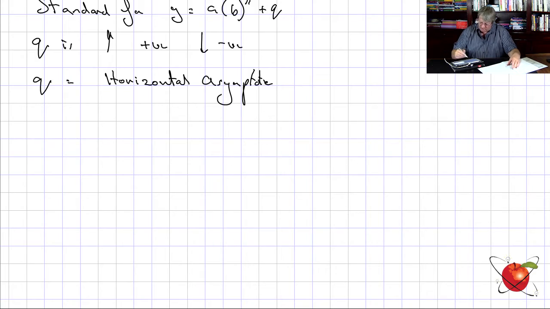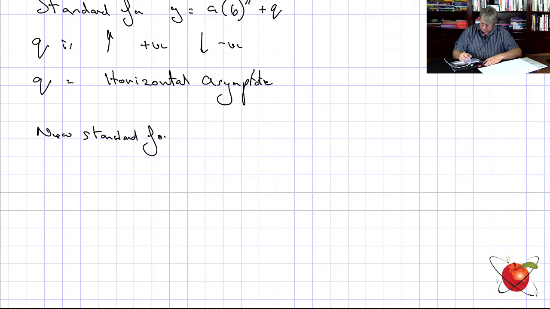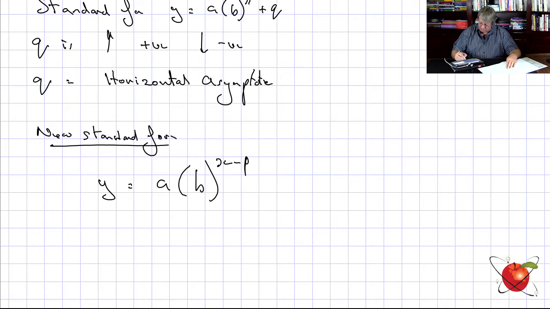Now, we are going to introduce p. No prizes for guessing that we're going to do that, right? So we say new standard form. The new standard form is y equals a times b to the x minus p plus q.